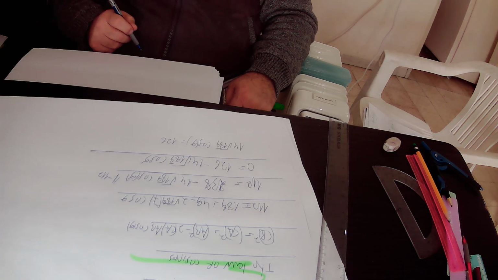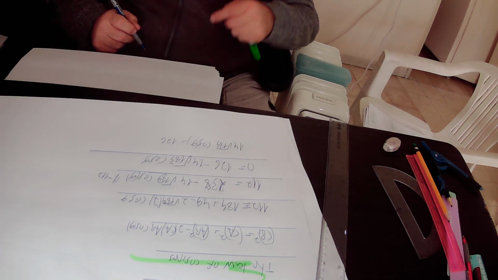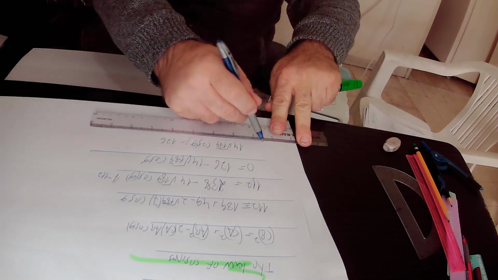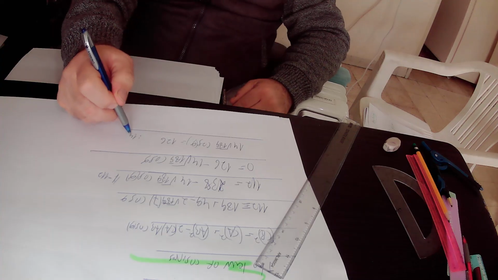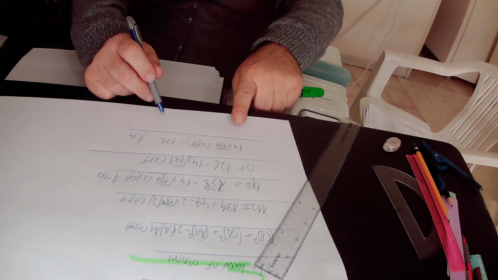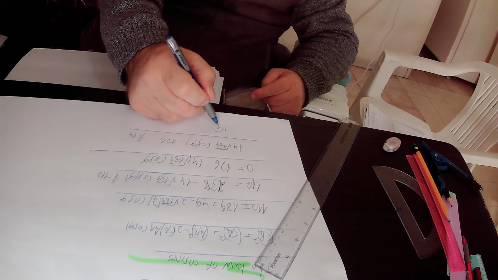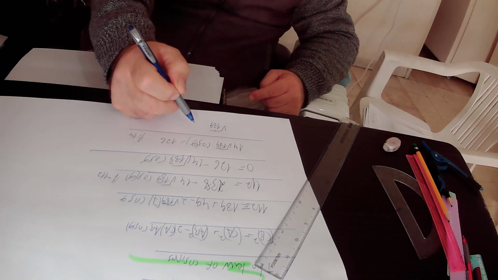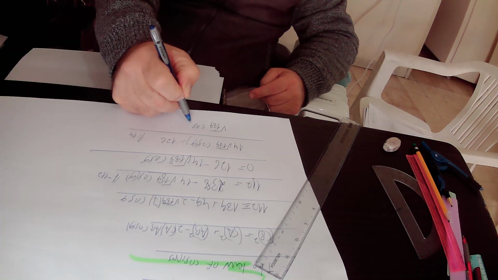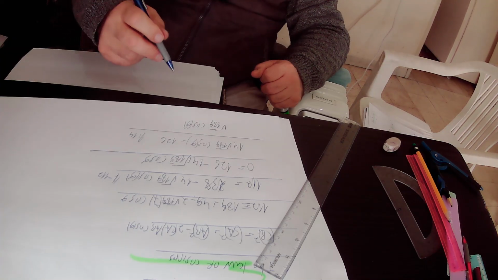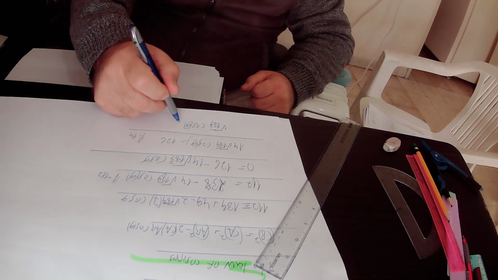So here we divide this equation by 14. So here 14 gets cancelled and we are left only with square root of 189 times cosine alpha. While on the other side of the equation we have 126 over 14 is 9.